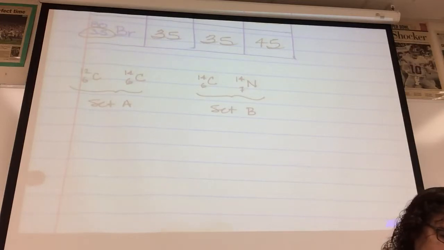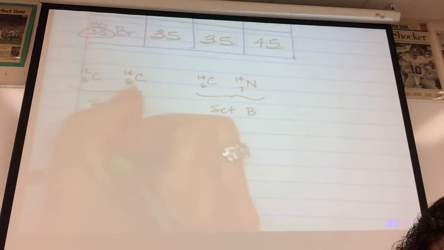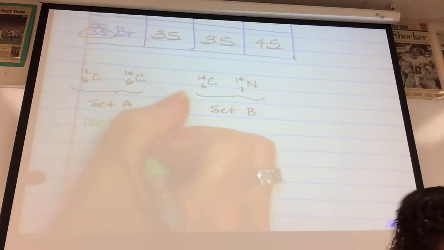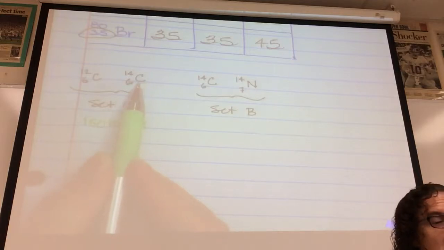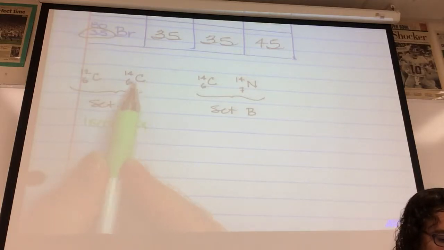Set A. Isotopes are atoms of the same element that differ in their mass number.